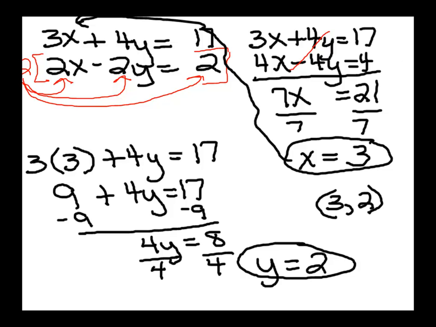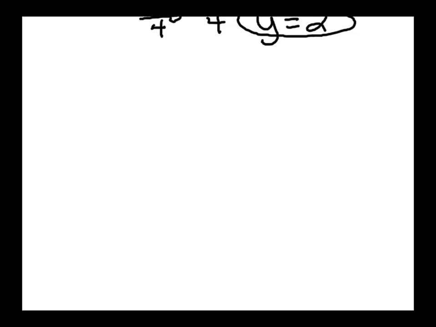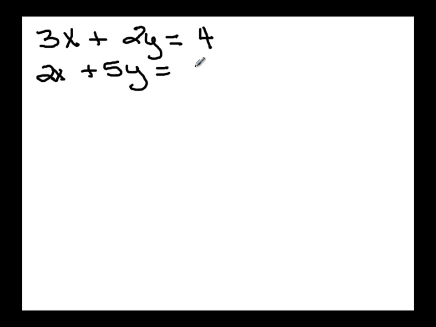Okay, let's continue on to another problem. In this problem, our equations are 3x plus 2y equals 4, and 2x plus 5y equals 21.